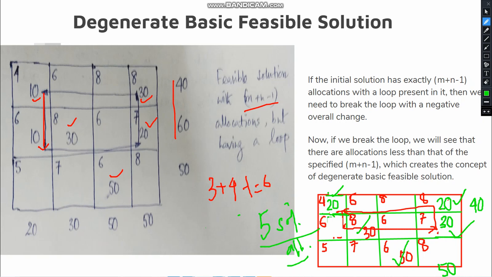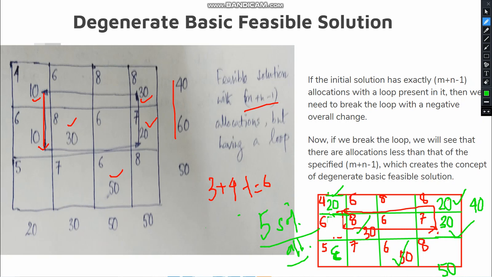Now how do you identify it? We identify by an epsilon sign. This means that there is an allocation present, but the quantity of allocation is nothing but 0.